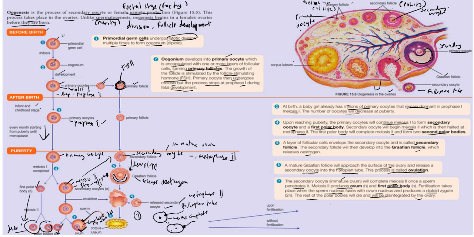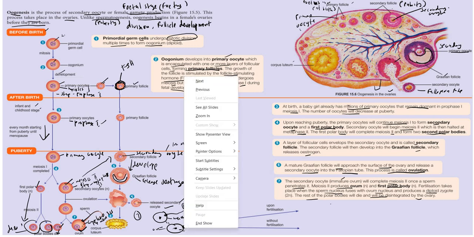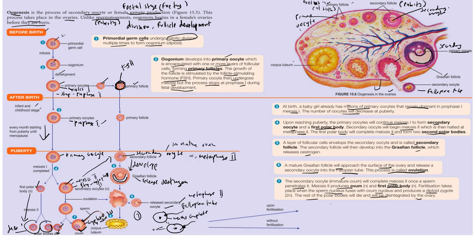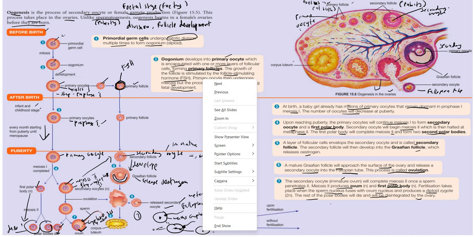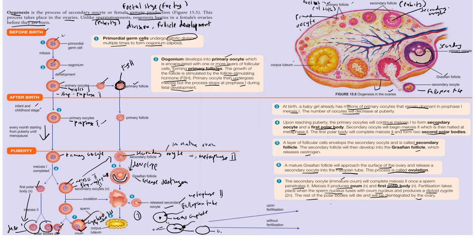So this one is now the ovum. Later, the nucleus of the sperm and ovum combine. Then it will form the zygote. That's the meaning.